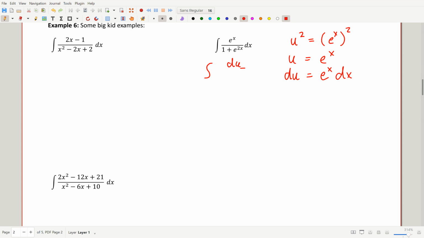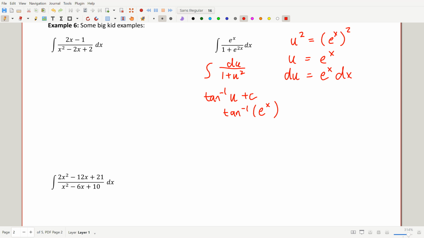So let's throw du in my numerator. And then 1 plus e to the 2x becomes 1 plus u squared. So we have inverse tangent, which is tan inverse of e to the x. Yep. A function that only exists for calculus class. Has no real good purpose to exist otherwise, but that is what it is.